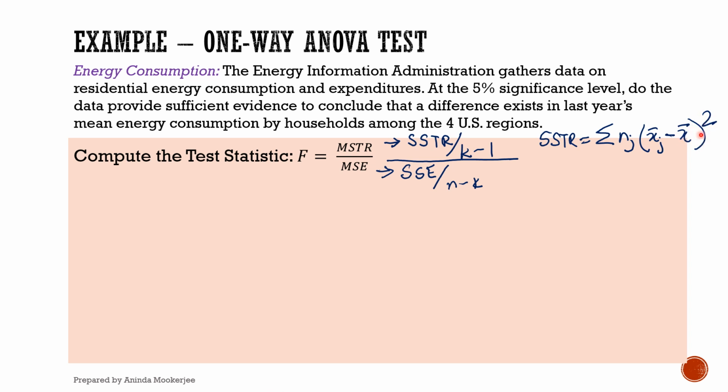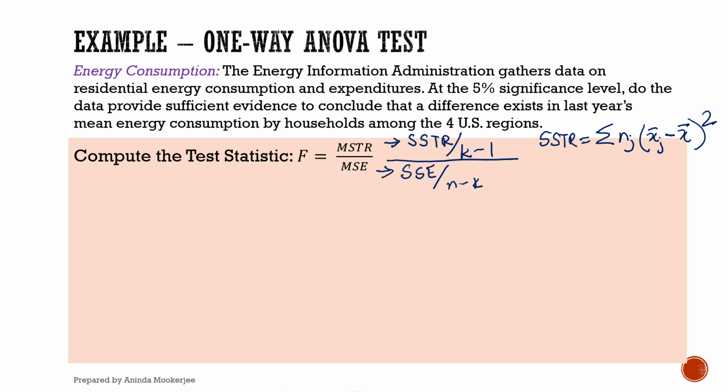And then we square that, and then we take its weighted average by multiplying it by its respective sample size. And once we get that value, we sum up all the values that we found, and that will give us the SSTR.